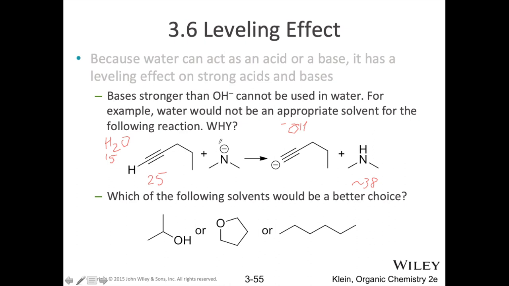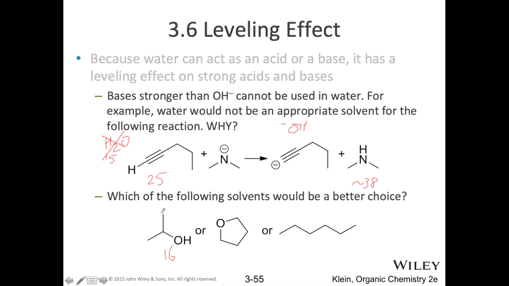Therefore it'll start wasting this base that you want to deprotonate your alkyne. So that's why water doesn't work as a good solvent. But then neither would something like this alcohol. This alcohol also has a pKa somewhere in that 15-ish ballpark, let's say around 16 or so, and it would also waste your base over here because it is a better acid than your amide.